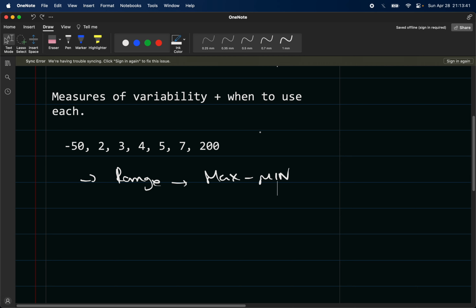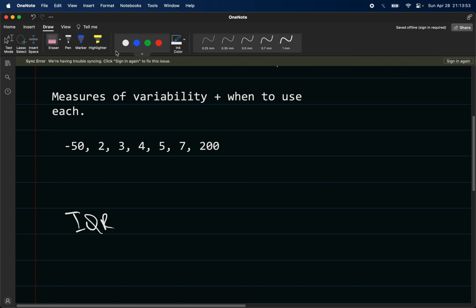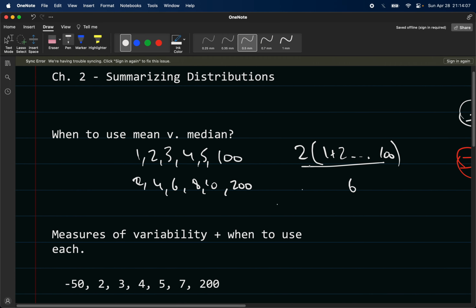So what's a better way? Well, the better way, of course, is to use something called IQR, interquartile range. So if I erase this definition of range now, let's talk about what IQR means. IQR, as you can guess, it's, well, you can't guess, but the IQR is resistant to outliers, okay? And to be resistant, now you can probably guess that it makes use of the median.